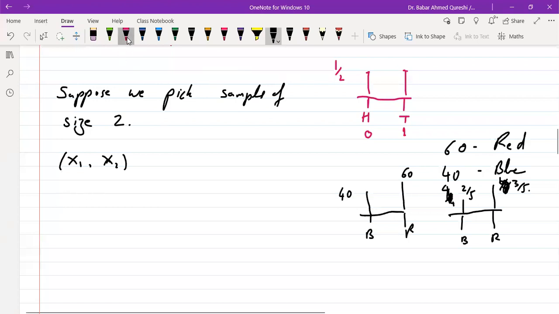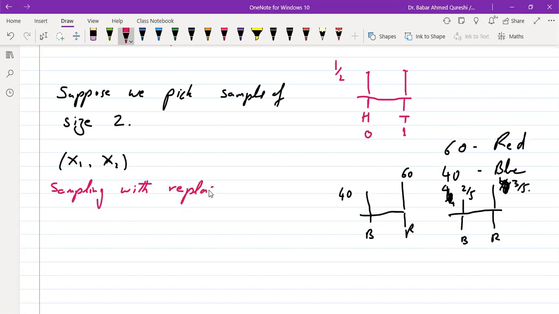That comes because of this distinction, which is sampling with replacement and sampling without replacement. So what is sampling with replacement and without replacement?